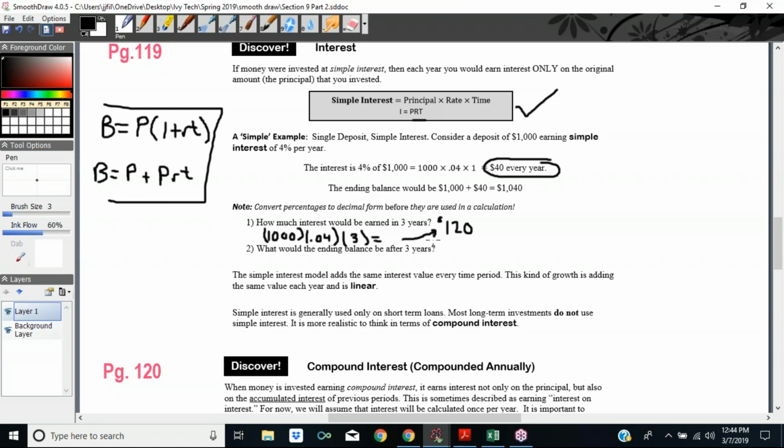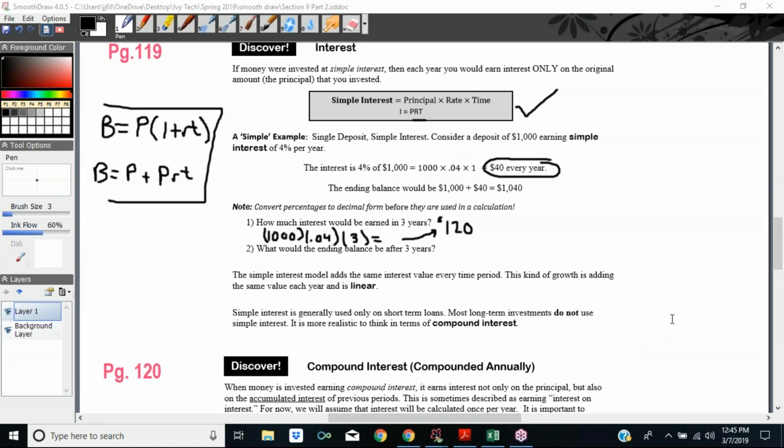And that is 120. All right. So it says, what would the ending balance be after 3 years?